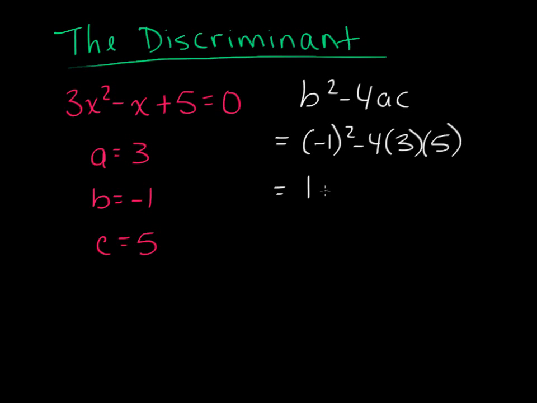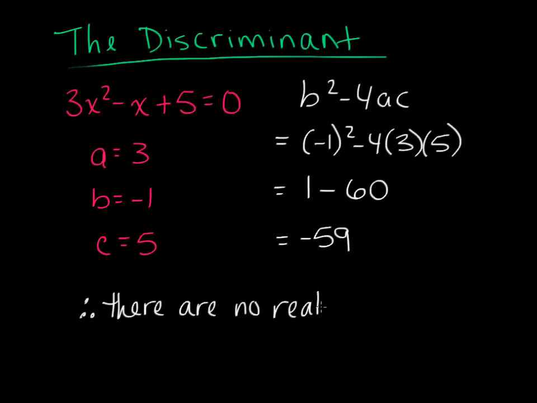Okay, and so we get 1 minus 4 times 3 is 12, times 5 is 60. And so we get -59. Because this is a negative value, that tells us that there are no real solutions or no real roots.